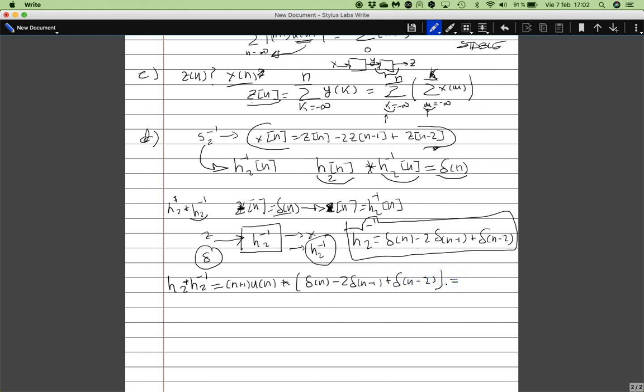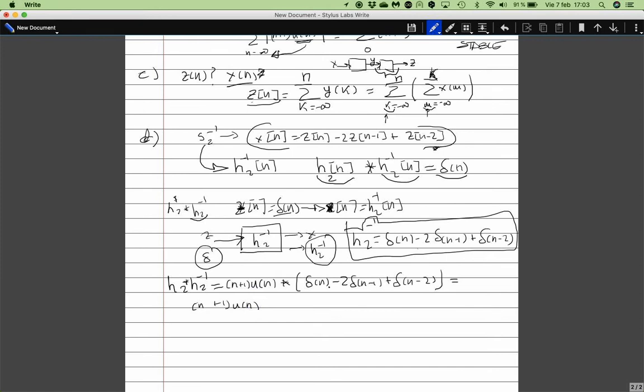And we operate over here. So basically, (n plus 1) u[n] convolved with delta. What happens when we convolve with the delta? You have to bring the delta to where the function was. As the delta was displaced to 0, it is basically the same function. So here we have (n plus 1) u[n].